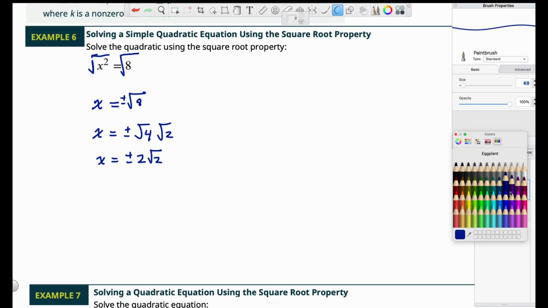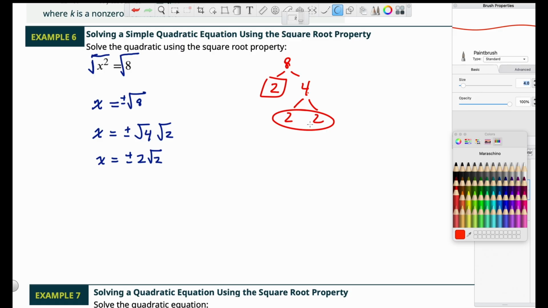Now, if you weren't sure how to come up with those factors here, we can always just make a prime factorization tree. We start with 8, and then on the left we try to find our prime number. I know 2 goes into 8 4 times, and then 4 is 2 and 2, and I can circle my pairs and put a box around my solo number.